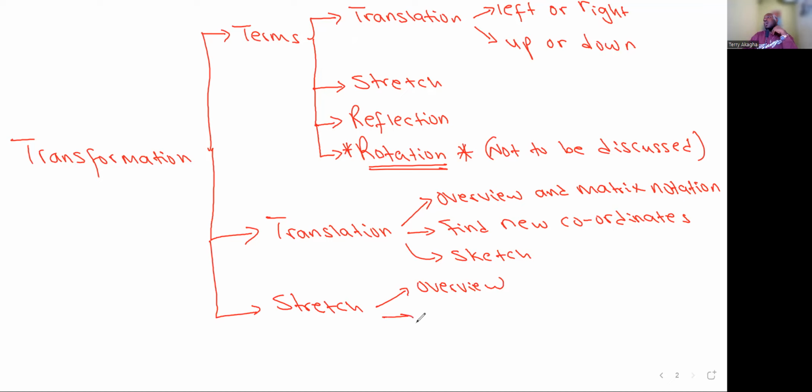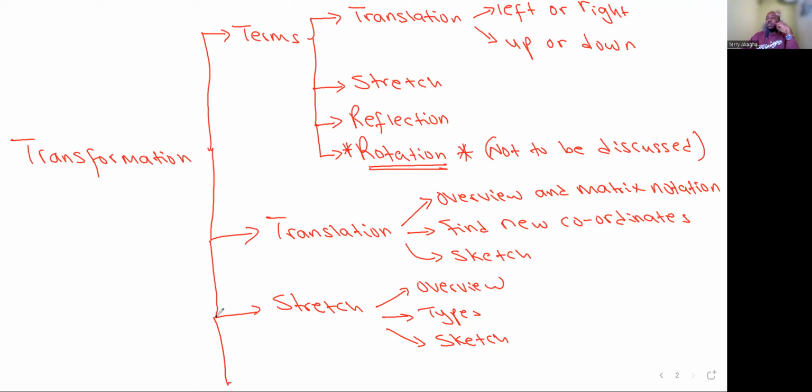Then also we'll talk about the types of stretching as well. One of the things I also talk about here is how to sketch the new graph.